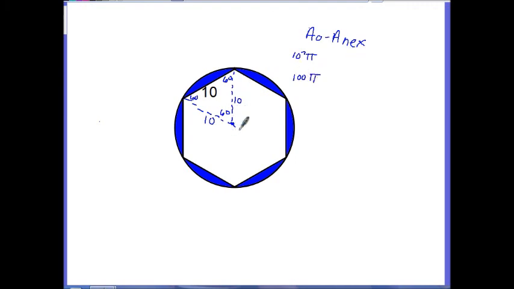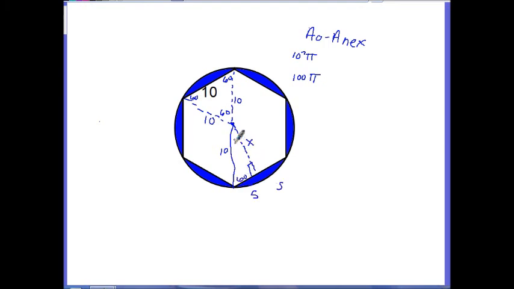Now, the area of that hexagon. For the area of the hexagon, what I need to try and find out is what my apothem is, which is unknown, and what my perimeter is. Now, all I need is that apothem. I know my radius is 10, I knew my sides were 10, so it's split into 5 and 5. Now, 60 degrees in the corner.